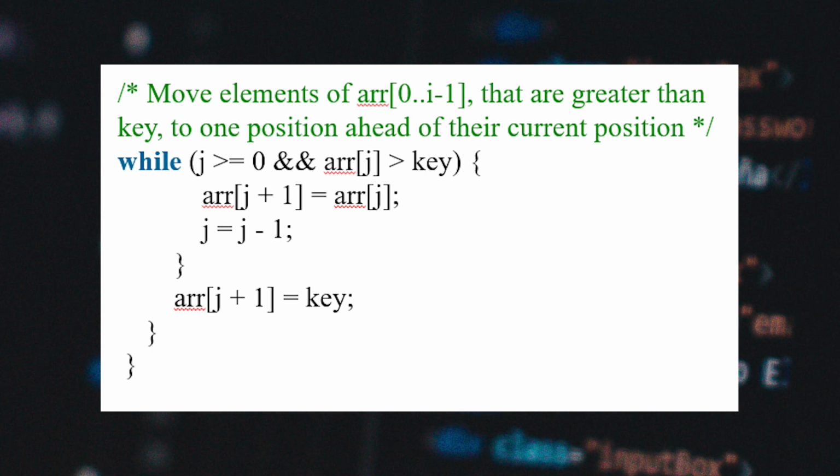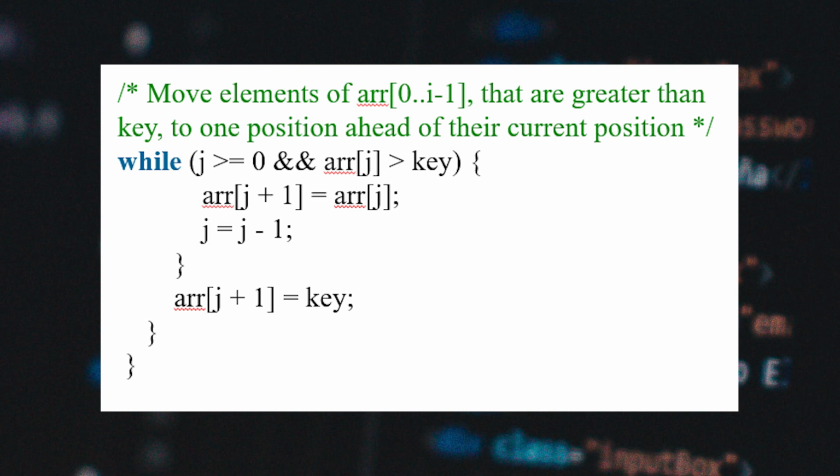This is to be done when the array[j] element is greater than the key element, and we are reducing j to j minus 1. See, if array[j] is greater than key, then we transfer this value into array[j+1] and reduce the index j to j minus 1.